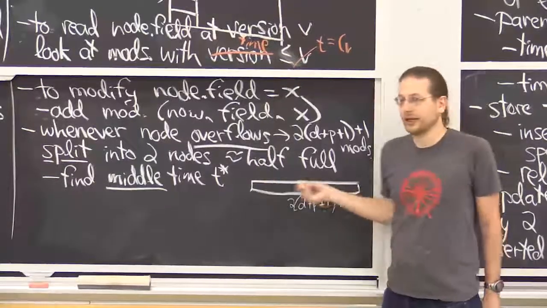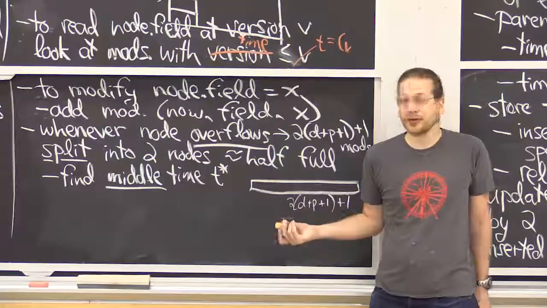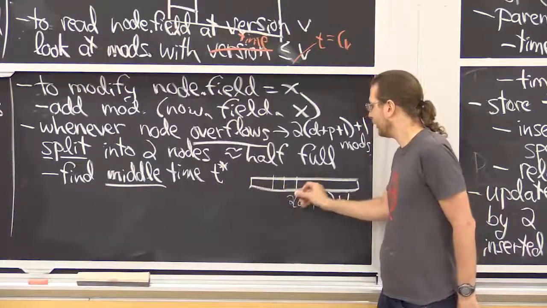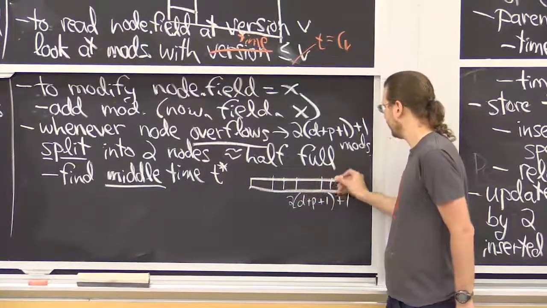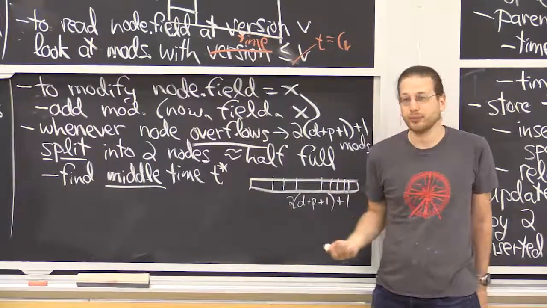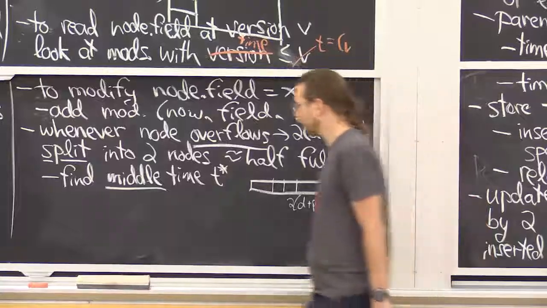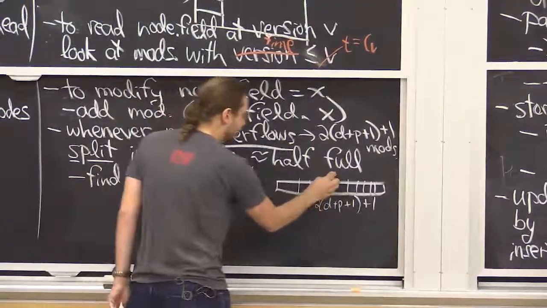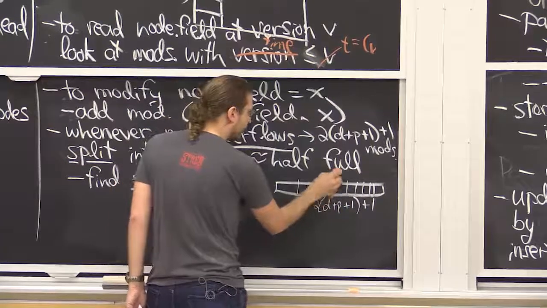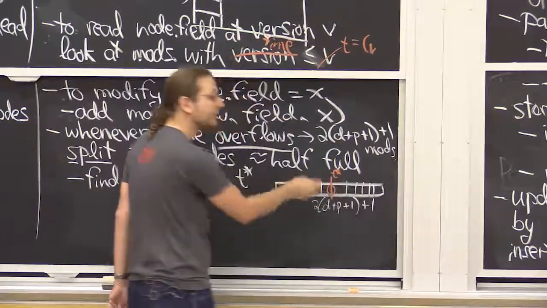If I sort by time, some of these mods will have the same time. Maybe the first chunk here is all with that initial time. I'm drawing vertical lines whenever I have a change in time among these mods. And then all I'm going to do is take the middle one. So there's some t star, which is the median time.